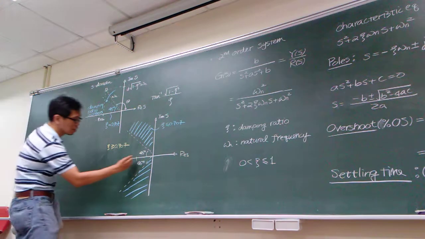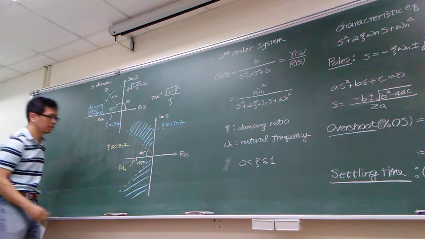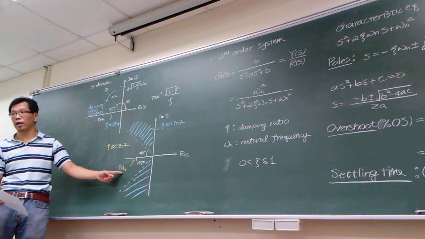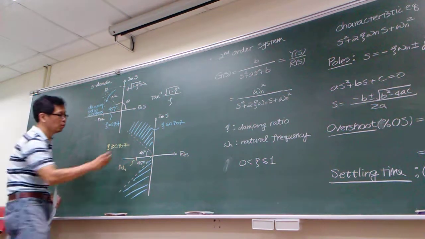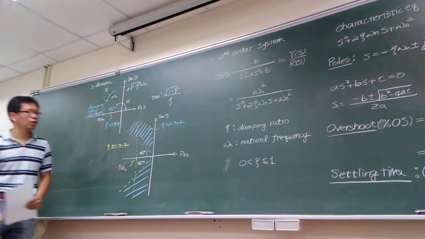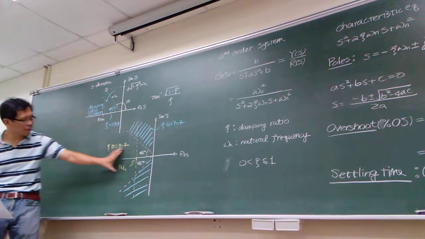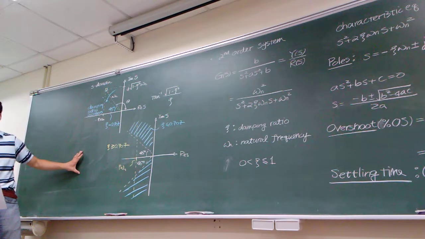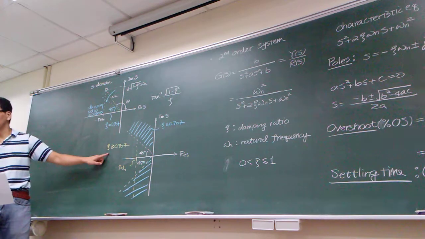So if you say this one is my negative zeta omega n, it tells you how fast your system is going to respond to your specification, which means if you draw a line over here and put your pole on the left-hand side, your system will be fast enough to catch everything with overshoot less than 5%.